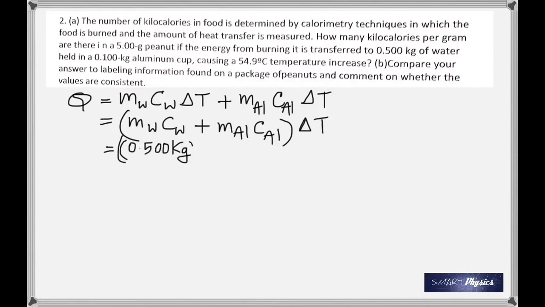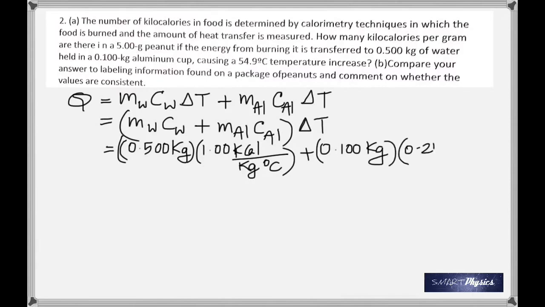Mass of water is 0.5 kilogram. Specific heat of water is 1 kilocalorie per kilogram degrees Celsius. The mass of aluminum is 0.1 kilogram. Specific heat of aluminum 0.215.